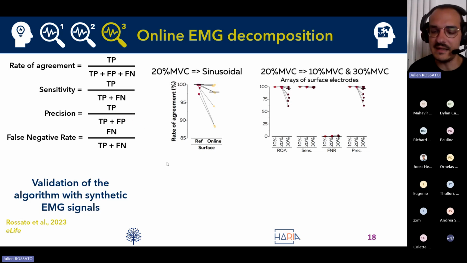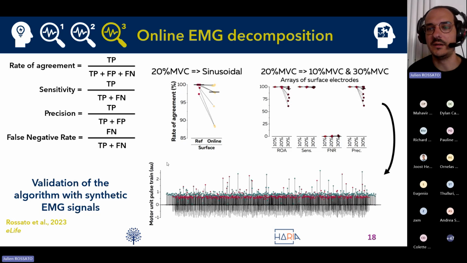We can explain that because by increasing the percentage of MVC, we have a new motor unit, and this motor unit can be merged into the targeted motor unit.